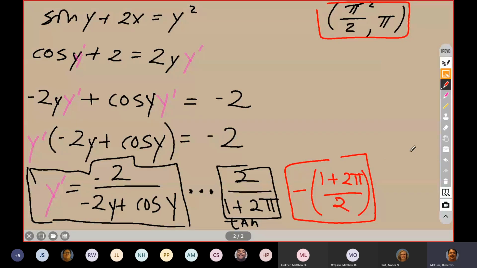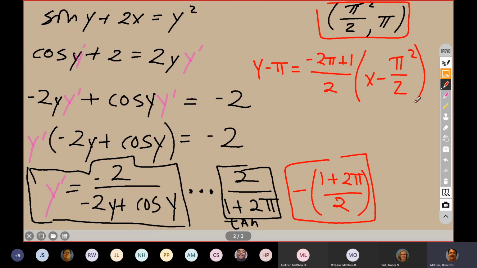I got y minus pi is equal to negative 2 pi plus 1 over 2 times x minus pi squared over 2. And I don't know how much they want you to reduce that, but you can reduce it more if you want to.